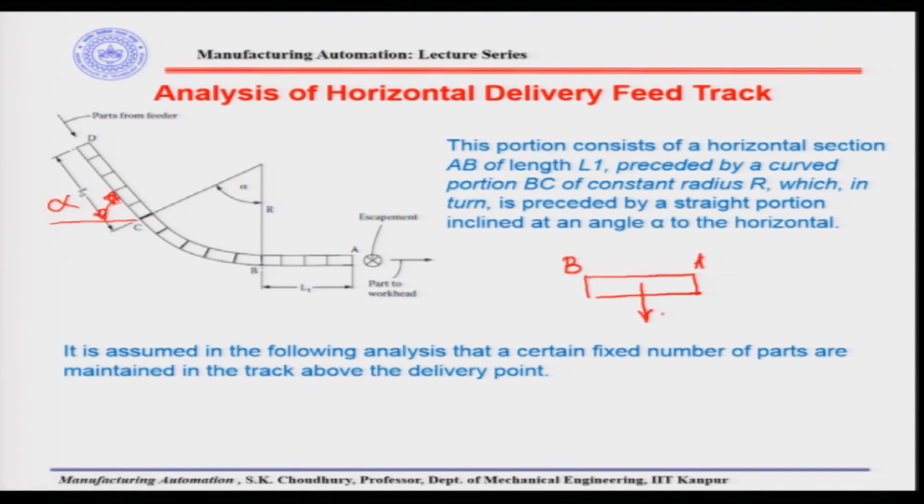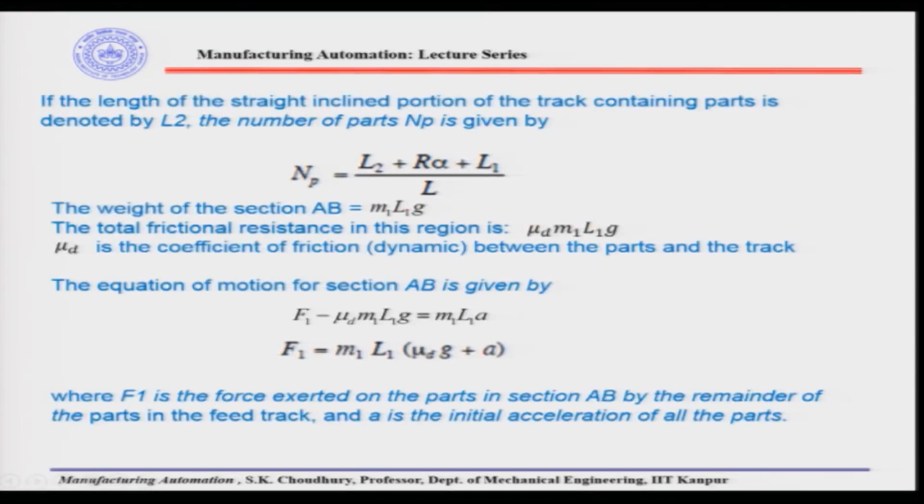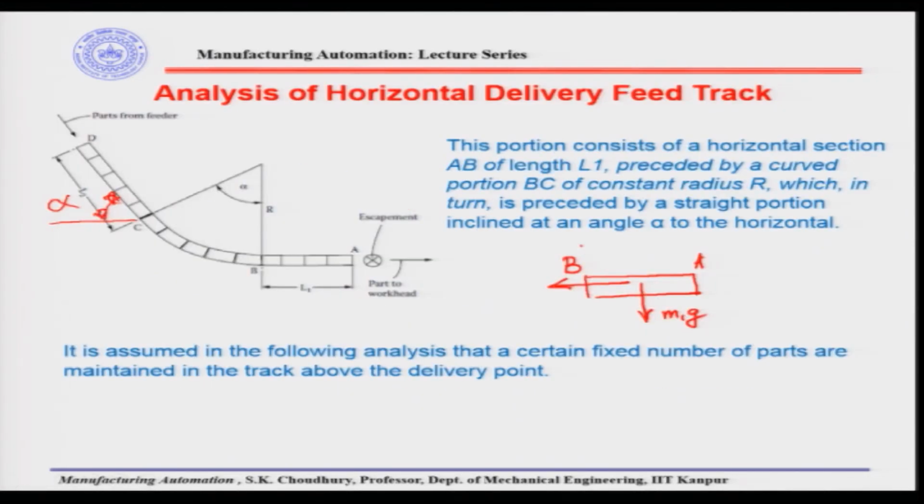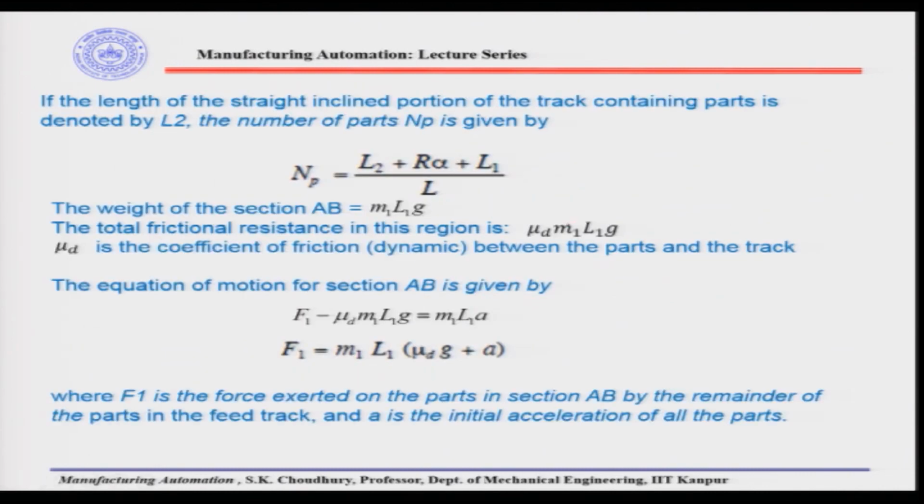This will have the weight M1 L1 g, because this is L1, and here the friction will be mu d M1 L1 g, as we are showing here. The mu d is the dynamic coefficient of friction between the parts and the track.